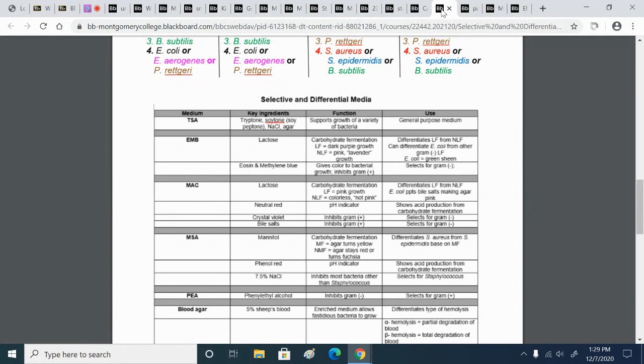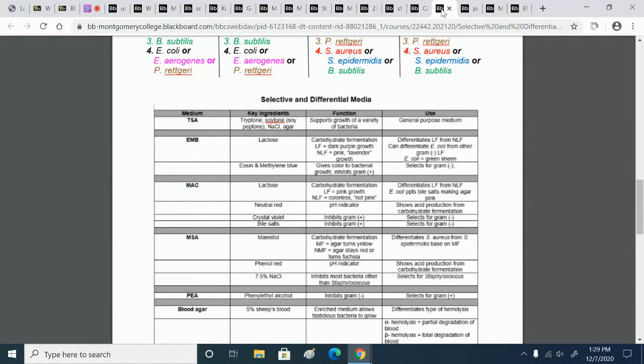And since we only ever use it for staph, which species of staph ferments mannitol and turns the agar yellow? Is it Staph aureus? Yep, Staph aureus.